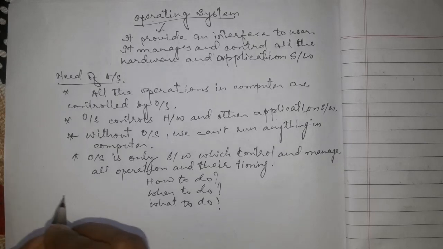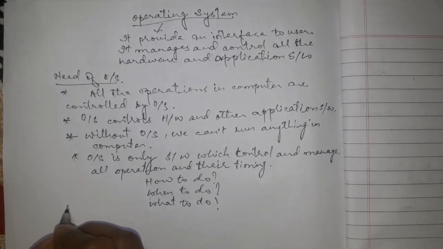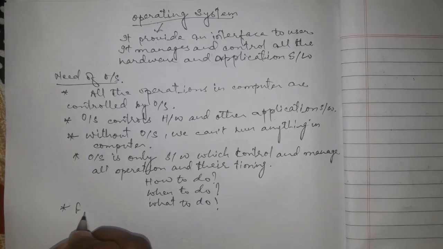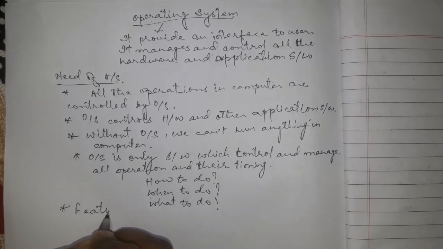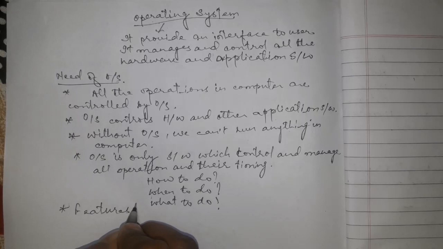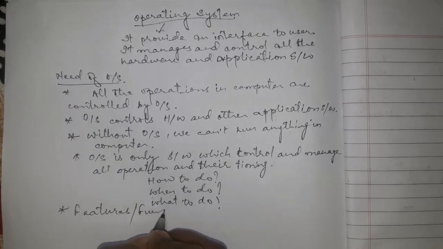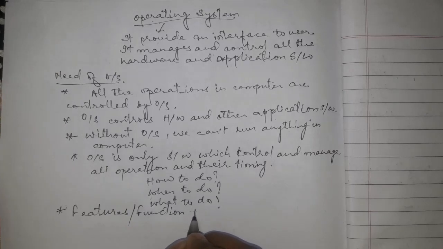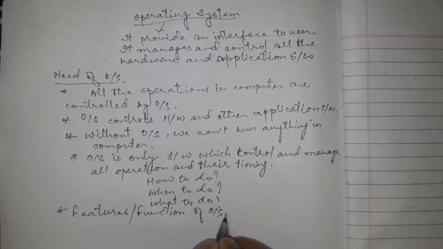The next topic is features of operating system. Features and functions are both the same. Features and functions of operating system.